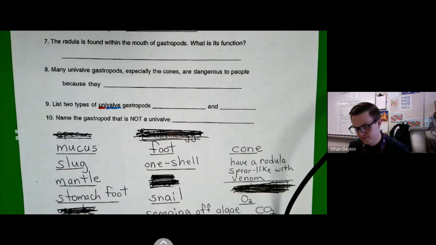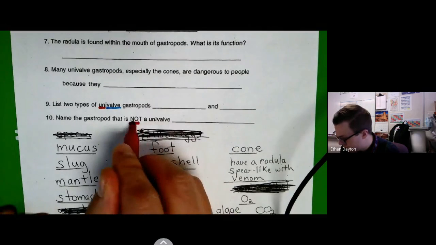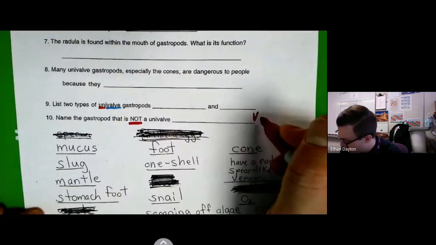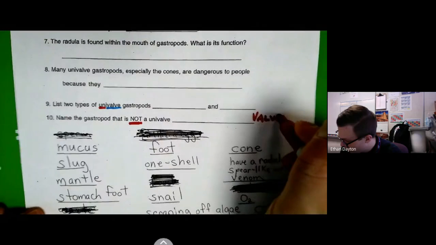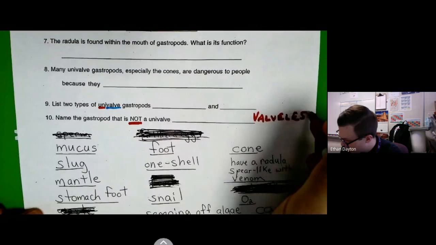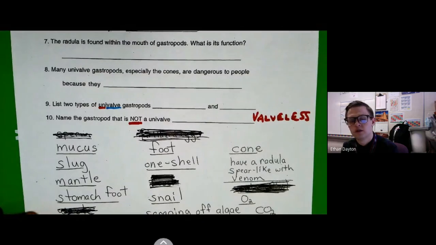And number 10, name the gastropod that is not a univalve. That means it is valveless. Does not have a valve. What is the gastropod that does not have a valve?